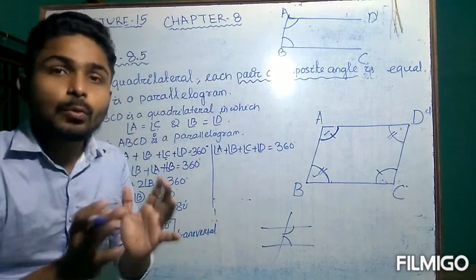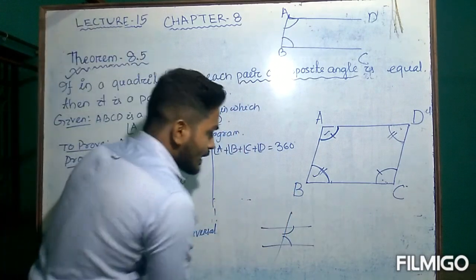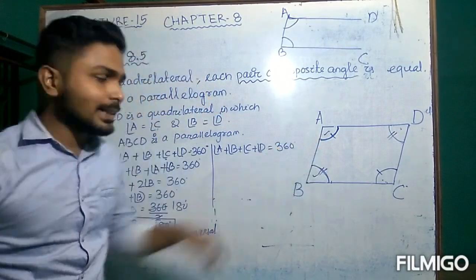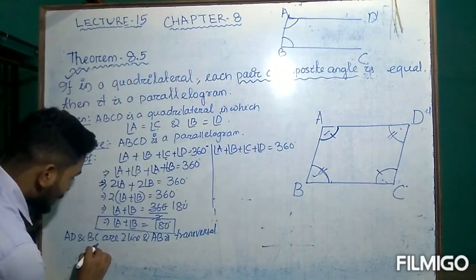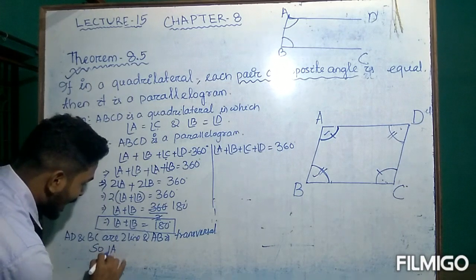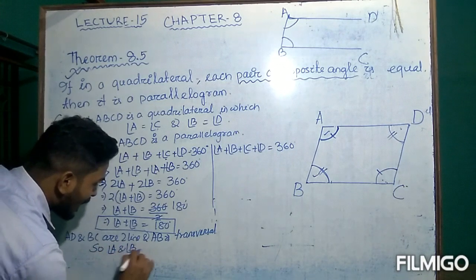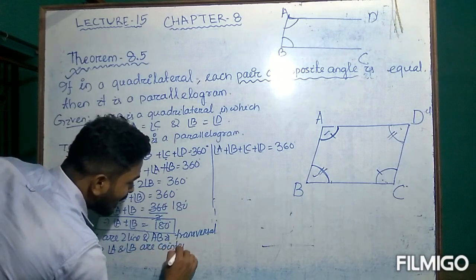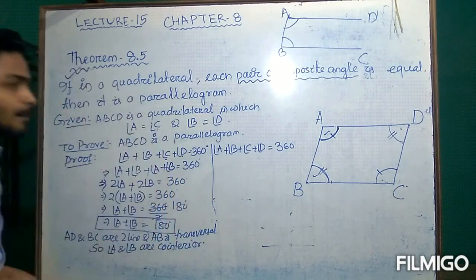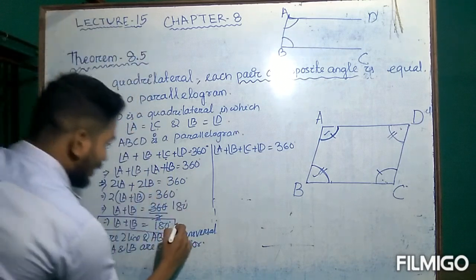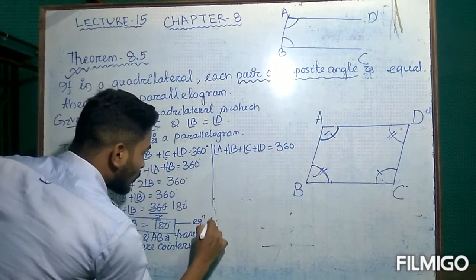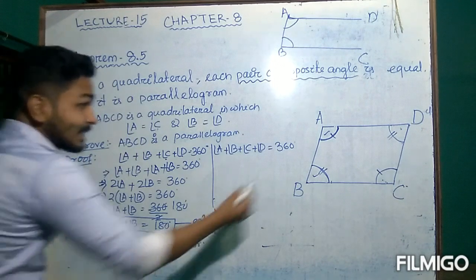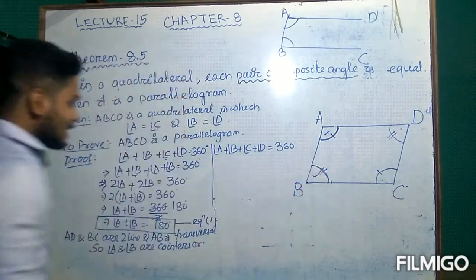That is why they are known as co-interior angles. So angle A and angle B are co-interior. Understood? But from equation number 1, what have we got? We have got that this angle plus this angle is equal to 180 degrees.